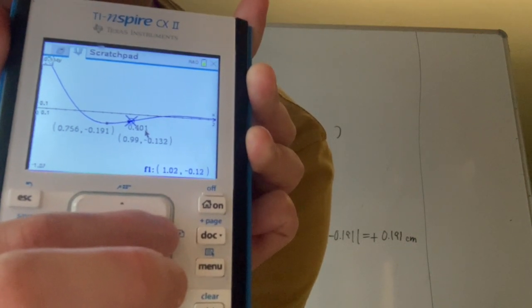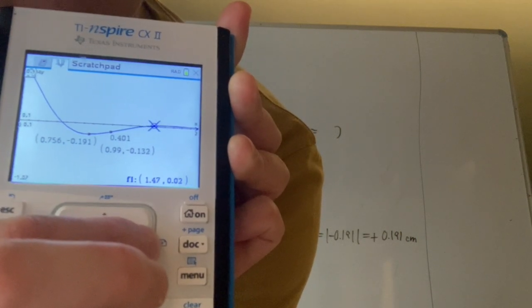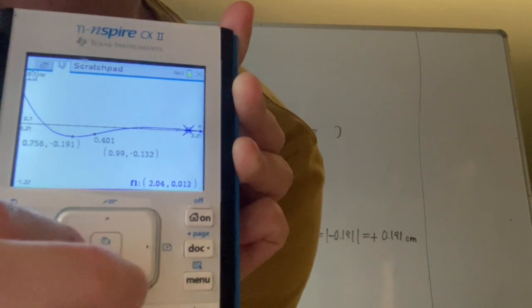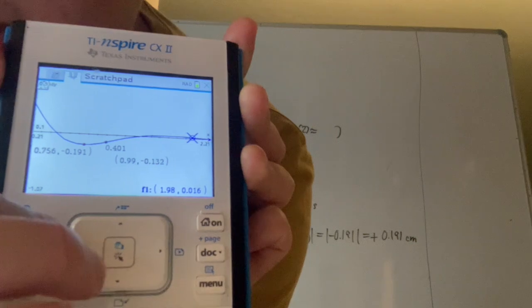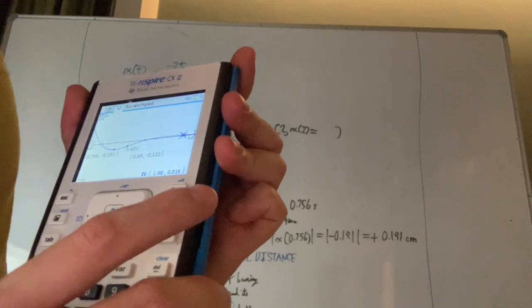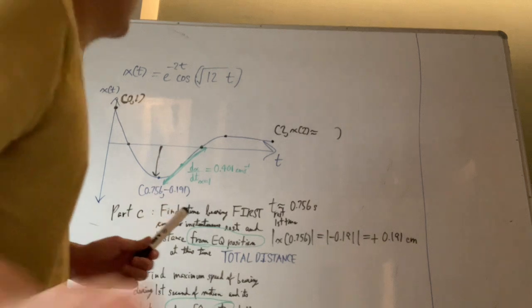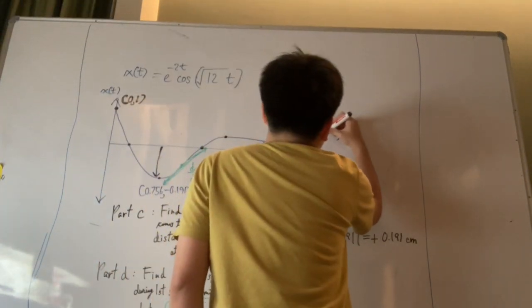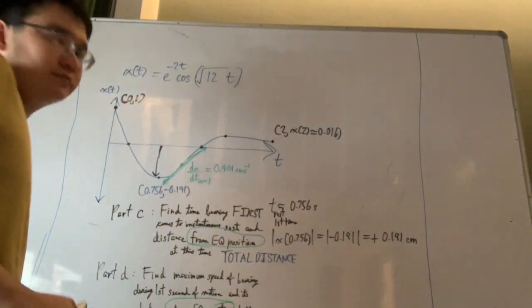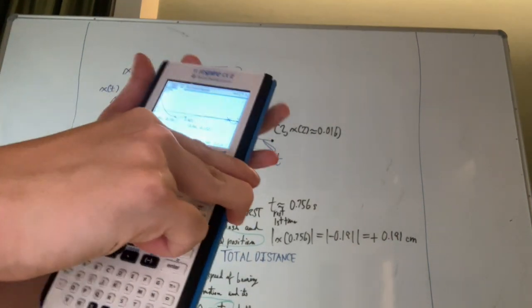So roughly around there, negative 0.15 is the point. But as I go along here, if I go to the very end of the interval, looks like it went over there, so I'm just going to stop at 1.98. So this is roughly around 0.016. Okay, and I trace here for the maxima.